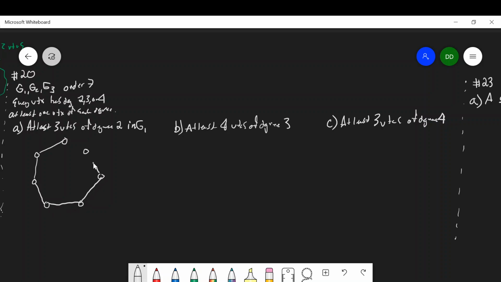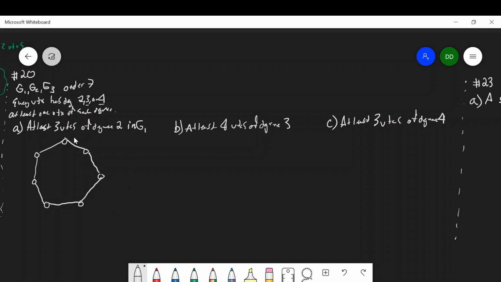So the idea is to just add edges to C7. Of course, this will guarantee that every vertex has degree at least 2 when we start adding edges. So that's good, but remember we want 3 or 4. So we can't add more than 2 edges to any one vertex. And we need to add at least 1 edge somewhere and at least 2 edges somewhere else.